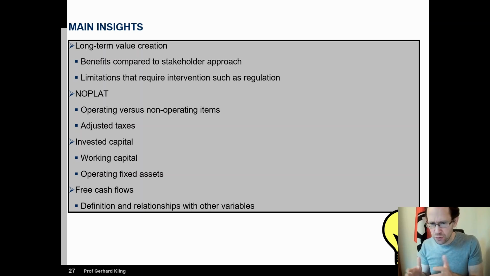And we saw that revenue growth has a complex relationship. We have to make sure that our reinvestment need is not too substantial, because that limits the impact it has on free cash flows.